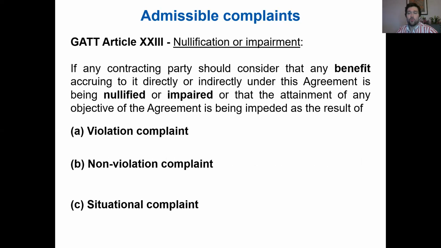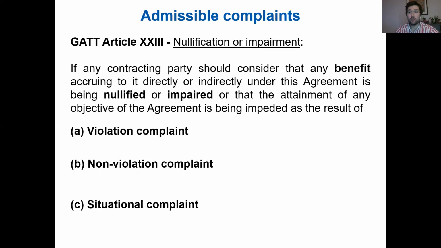Non-violation complaints, when can they happen? And this is quite simple if you recall the examples we were giving in our lectures. For instance, you may recall that under Article 3.8, subsidies could be provided to domestic producers in case they are provided in the form of some expenditure on the side of the government, and if they are provided directly.